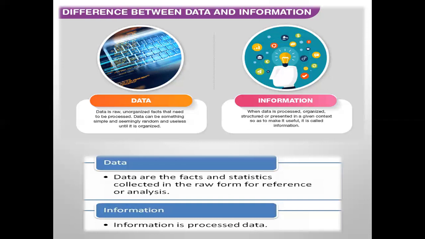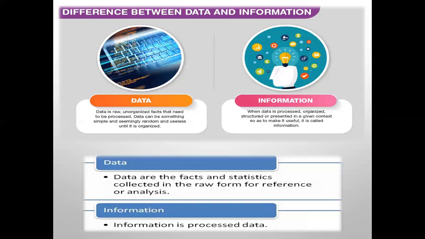Another example can be a student's subject marks. They are the data, just raw collected, while his or her percentage of marks, grade, etc. are called information. So data are the basic facts or values, and information is the processed data to give meaningful results.